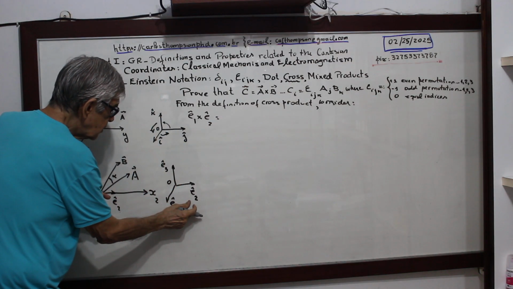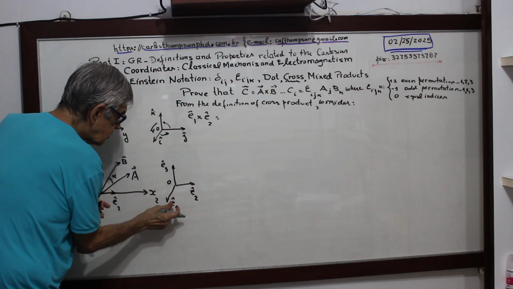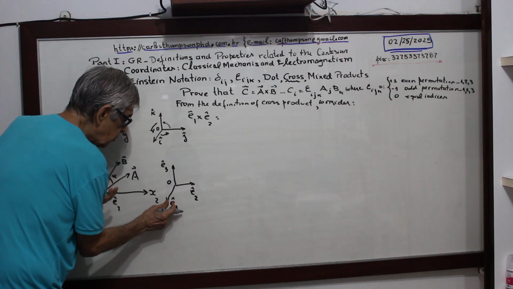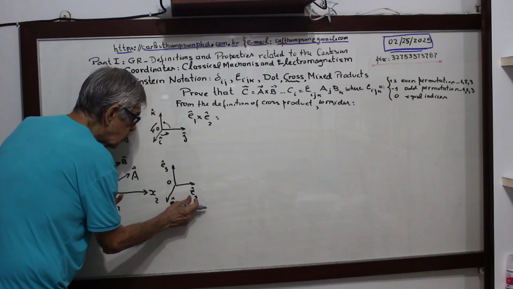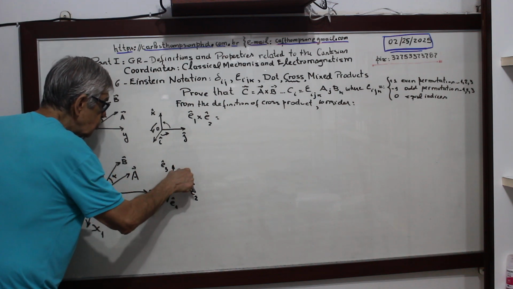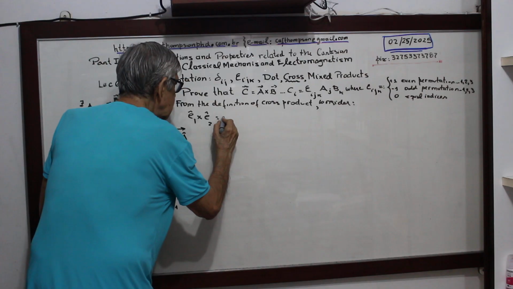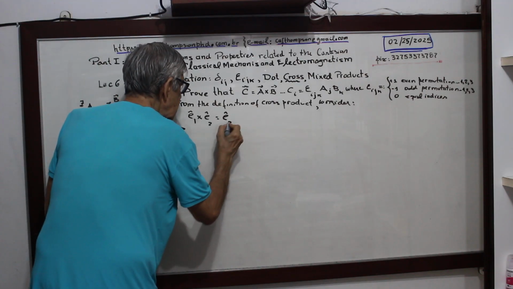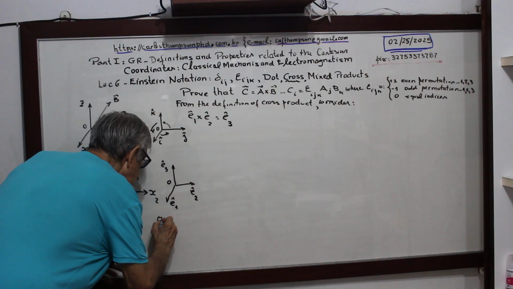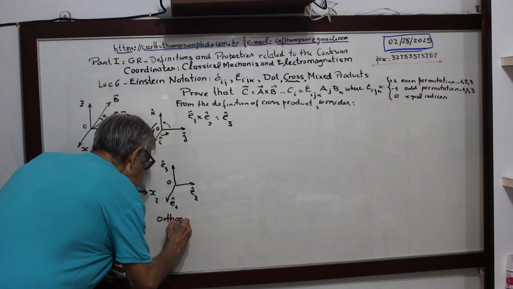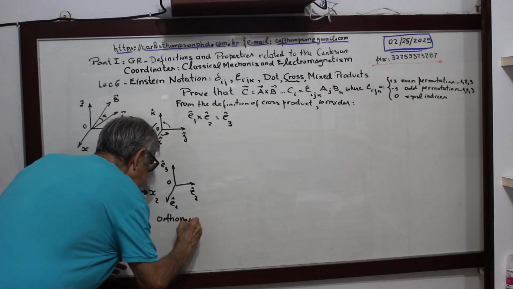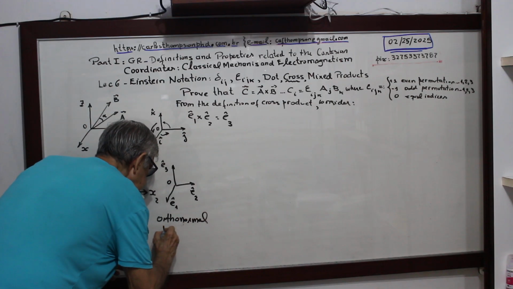E1 cross e2: imagine moving e1 towards e2, then the rotation will be e3. This is equal to e3. And don't forget that they are an orthonormal basis.